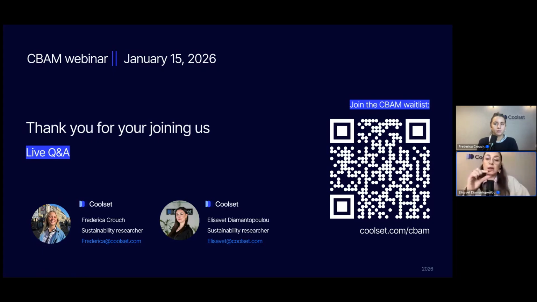There is this orange button that says CBAM guidance and documents, very close to the beginning of the page. If you click on that, there is a huge list of documents that were uploaded at the end of 2025, and one of these says annex to the default values. And that's where you can find it. But if not, please send us an email and we can send you the actual link.